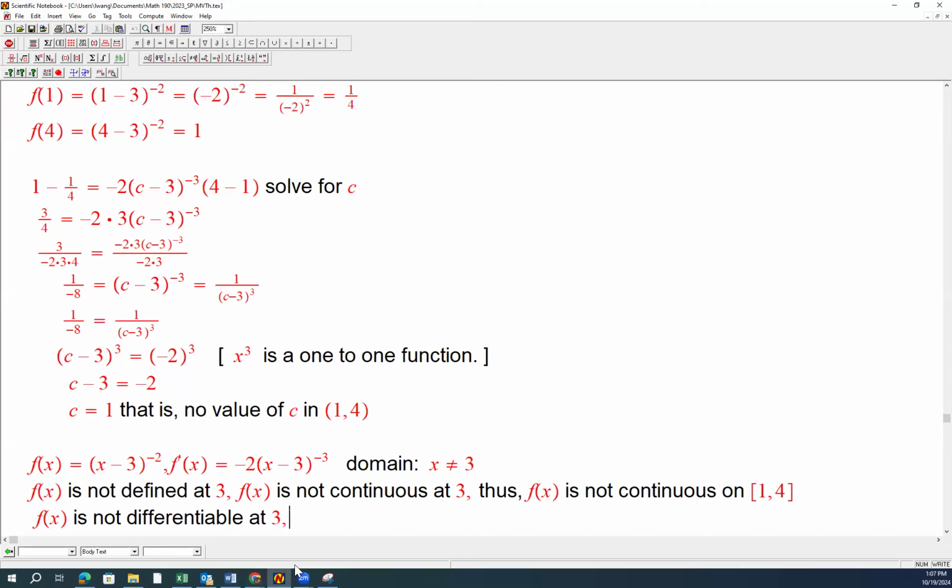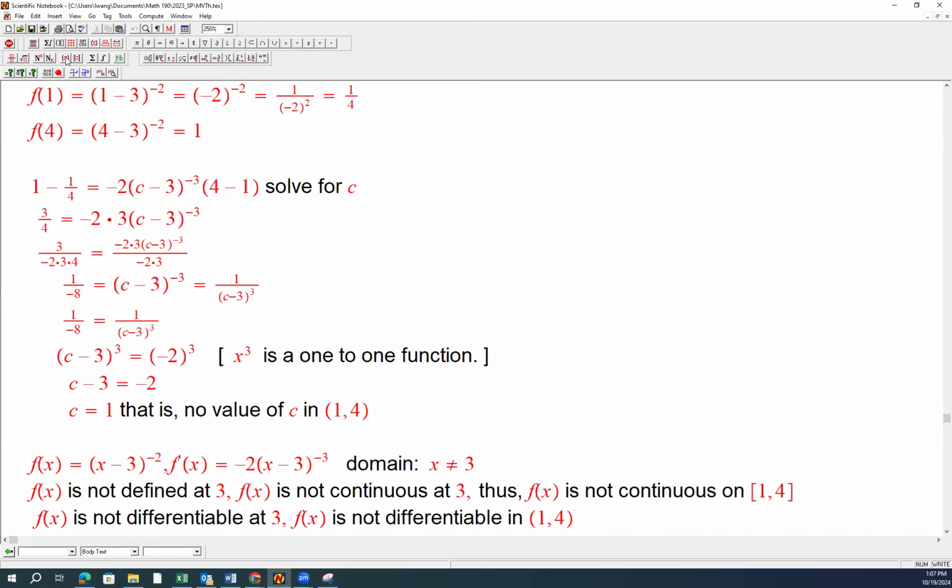This is a sequence of statements connecting the two concepts we learned before, continuity and differentiability, and their relationship. f is not differentiable at 3, therefore f is not differentiable in the interval 1, 4.